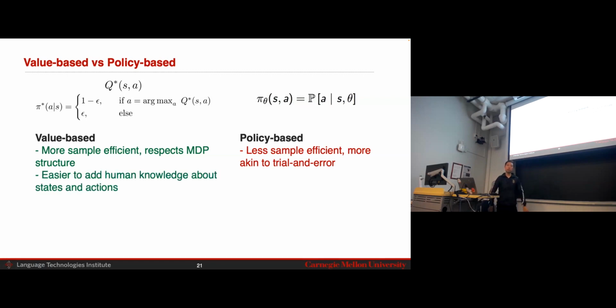Value-based ones also tend to be easier to add some domain knowledge. If you know how good certain states and actions are going to be a priori, you can inject that into your model. One classic example, I know some of you know, is the first iteration of AlphaGo, right? And the first iteration of all those chess-playing, Go-playing robots or AI agents, most of them were value-based, right?